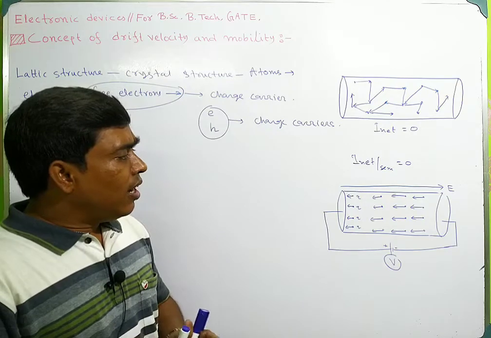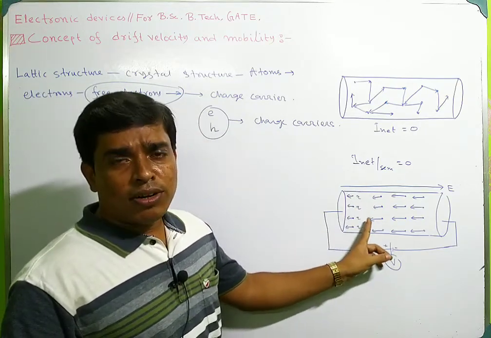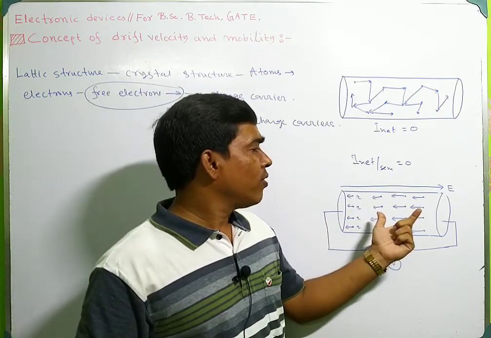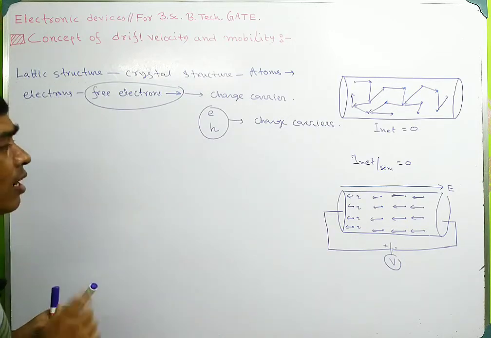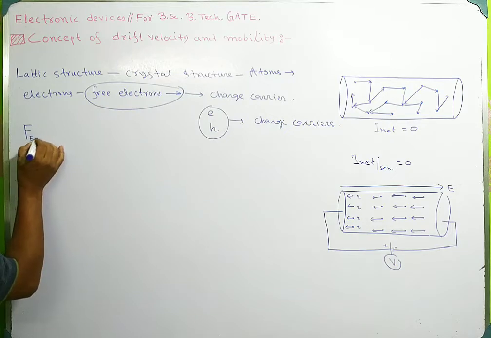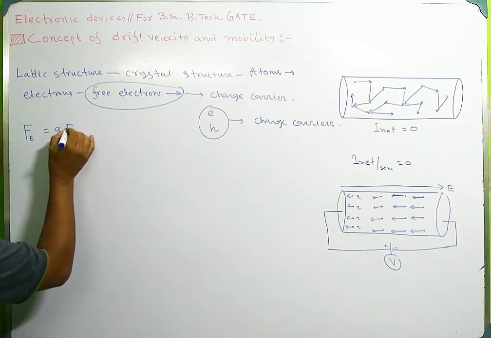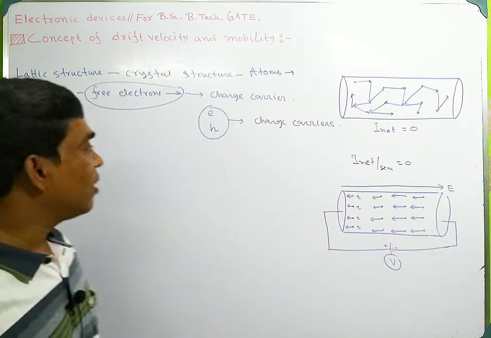Then the charge carriers inside this semiconductor will experience an electrostatic force. So what will be the electrostatic force? The electrostatic force on a charge Q will be Q into E, where E is the electric field across this conductor.